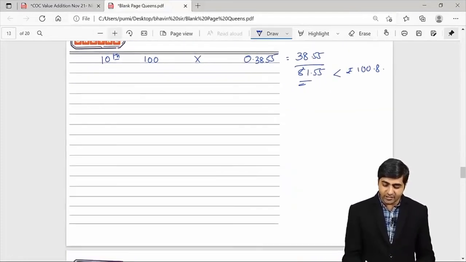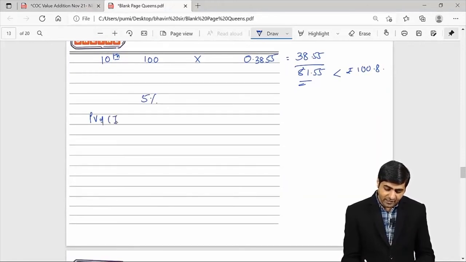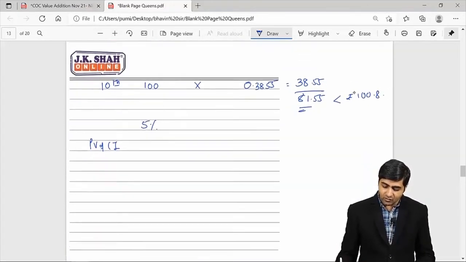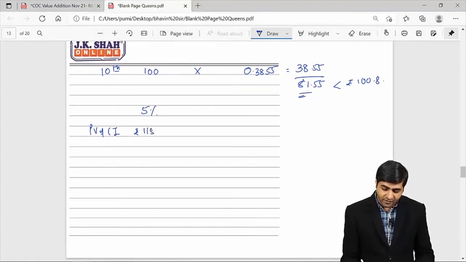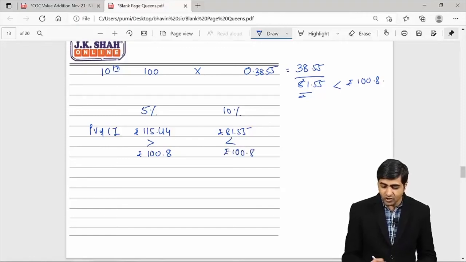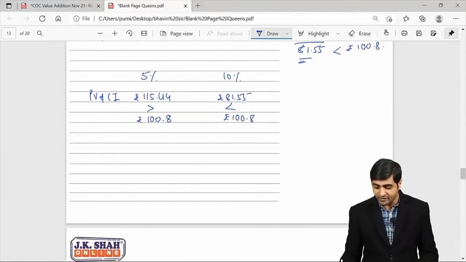As you can check, at 5% your PV of CI is coming as rupees 115.44. At 10% this is coming as rupees 81.55. So this is greater than rupees 100.8, and this is less than rupees 100.8. So 100.8 lies somewhere between 5 and 10.